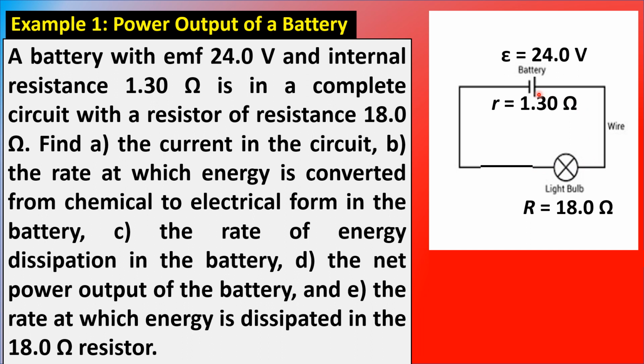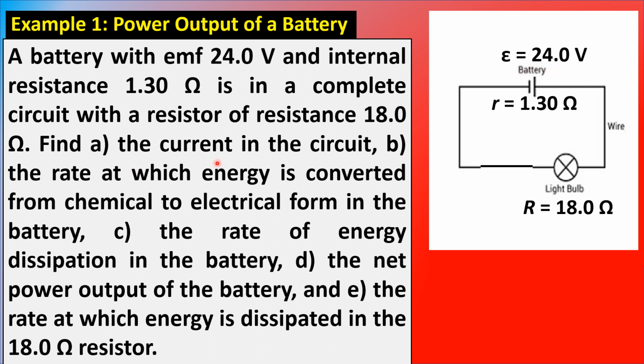So there's the battery, and there is an external resistor such as a light bulb. The battery has an internal resistance of 1.30 ohms, while the external resistance big R is equal to 18.0 ohms. The electromotive force of the battery is given as 24.0 volts.